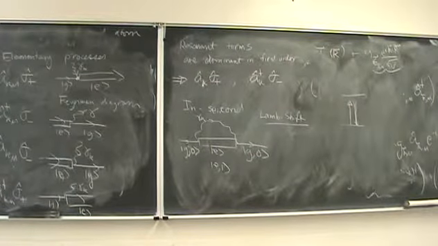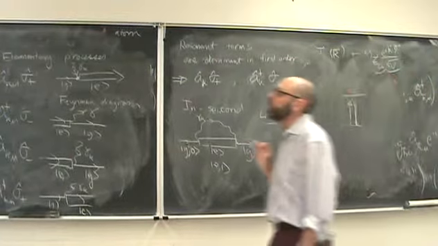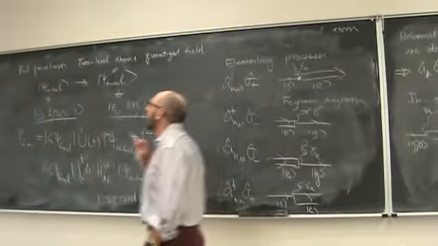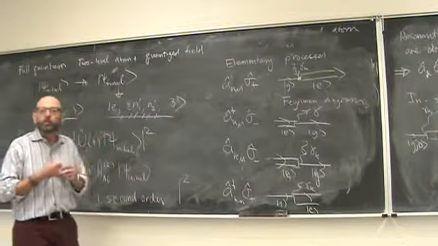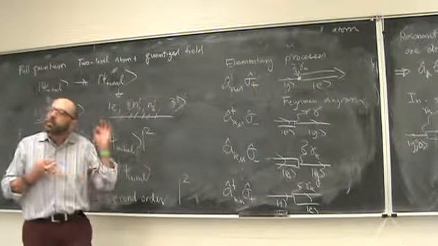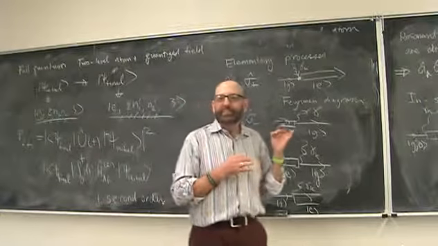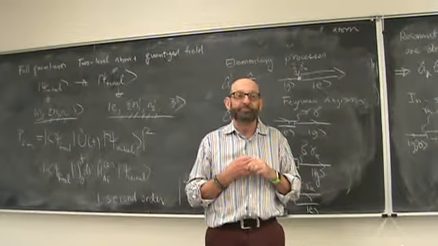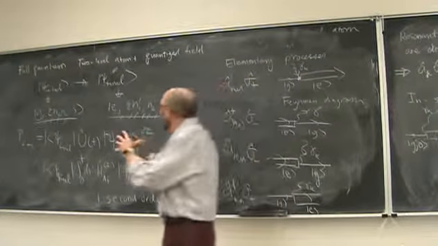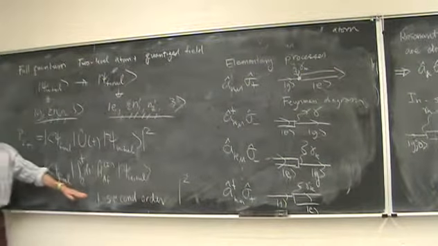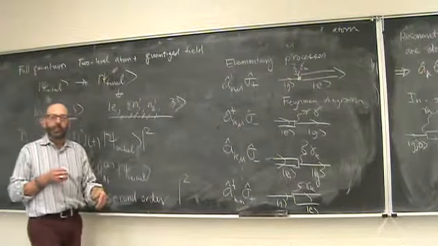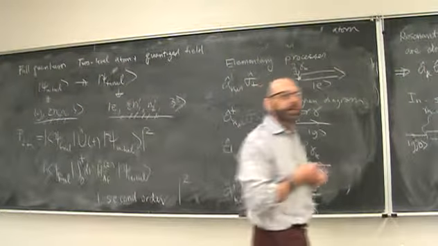Okay. So one of the things that we learned here, and this is just a baby introduction to the whole theory of Feynman diagrams, is that Feynman diagrams are expressions of perturbation theory. They're just diagrammatic ways to look at the different terms in the Dyson expansion. That's what they are.